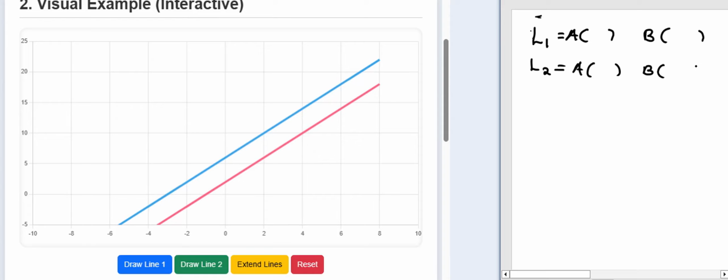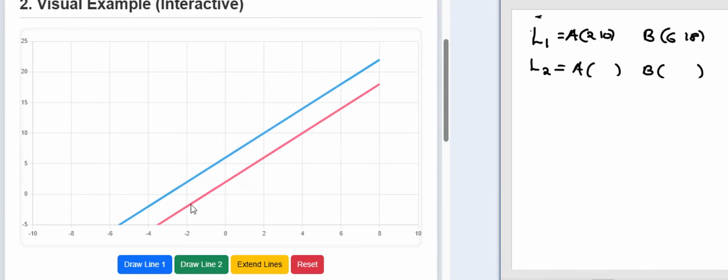For this blue line, let me pick this point, (2, 10). So I can put it as the first point, (2, 10). And then I pick the next point as (6, 18). So the second point can be (6, 18).